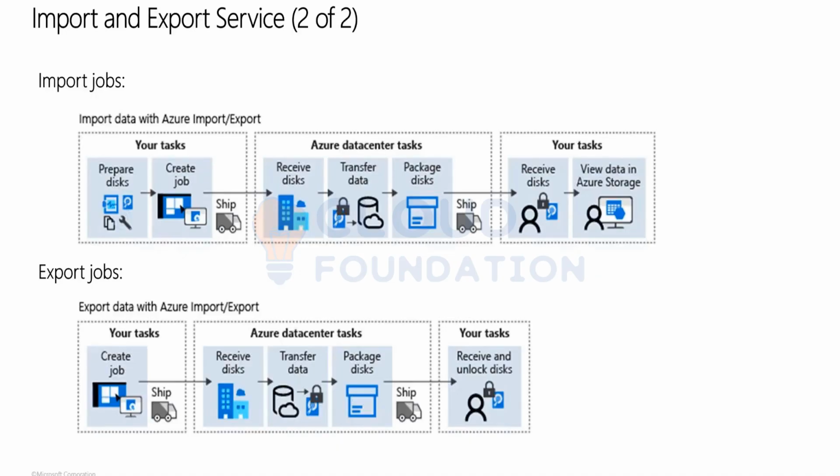If you see the scenarios over here, whenever you have more than, say, 50 to 100 TB roughly, that is where you can go for export jobs. If you have around 5 TB, in those scenarios you can try out ExpressRoute or use your site-to-site connectivity.